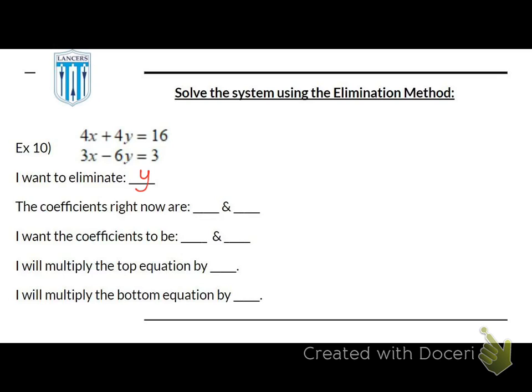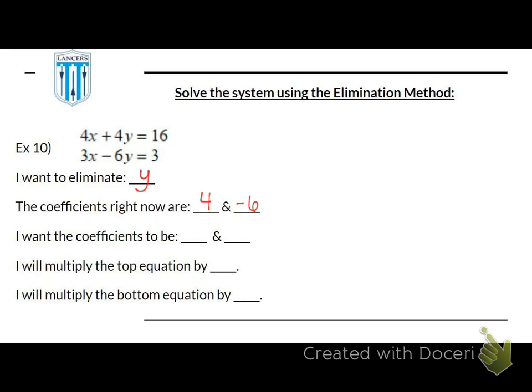They're both divisible by 2. That might be an okay reason, but that's not why I was thinking. What are the coefficients on the y's right now? 4 and negative 6.